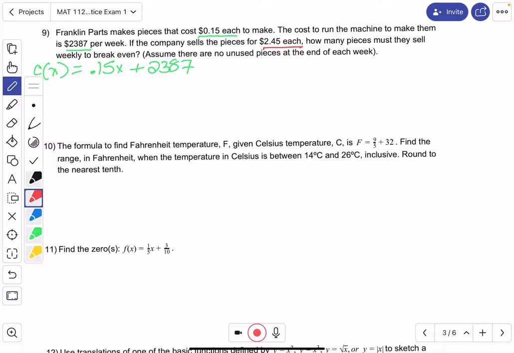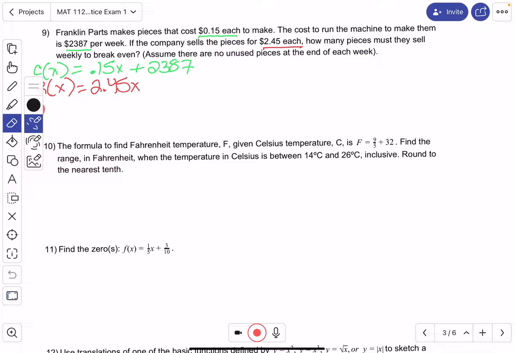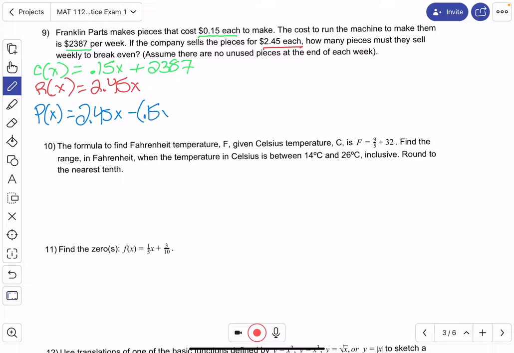Revenue, how much they make, is $2.45 per piece. And our profit is revenue minus cost. So we would do 2.45x minus the whole cost function.